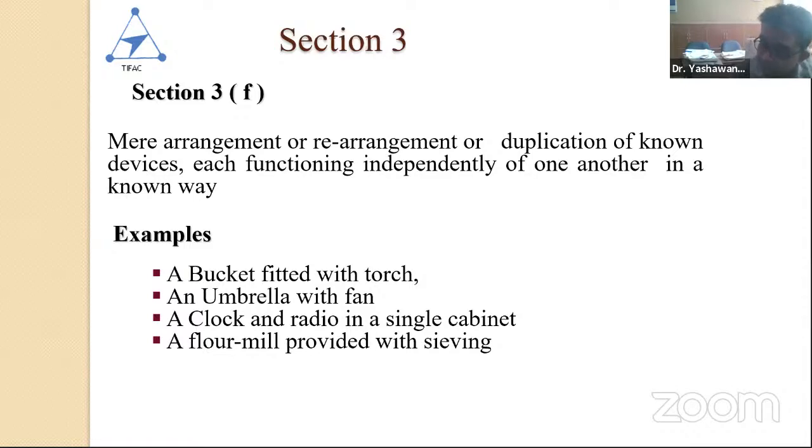The moment you are able to generate interdependency of function and achieve something out of the combination of known devices.